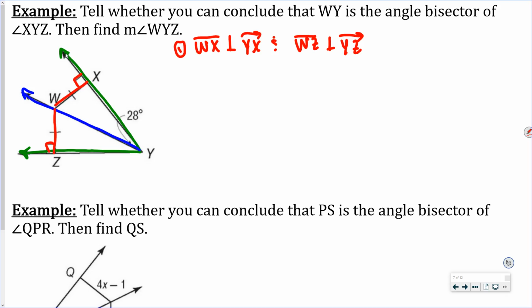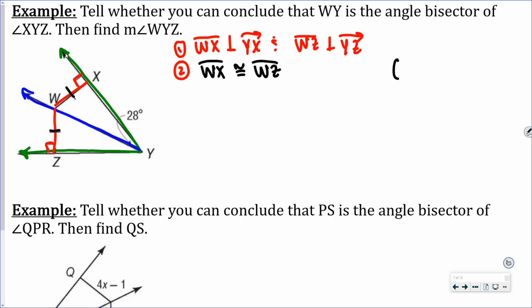Then in order to conclude we have an angle bisector here, it either has to have markings that it's bisecting the angle. Do I have markings that it's bisecting the angle here? No. So I might be using the converse here if they're showing me these are equidistant. And they are. So the second thing is that these are equal distances, or you can say those segments are congruent.